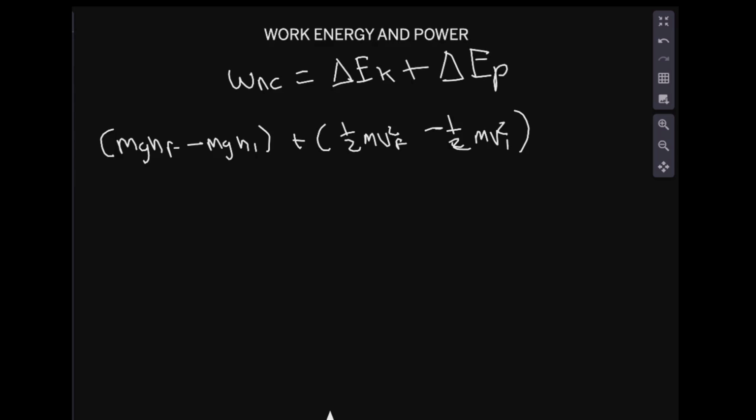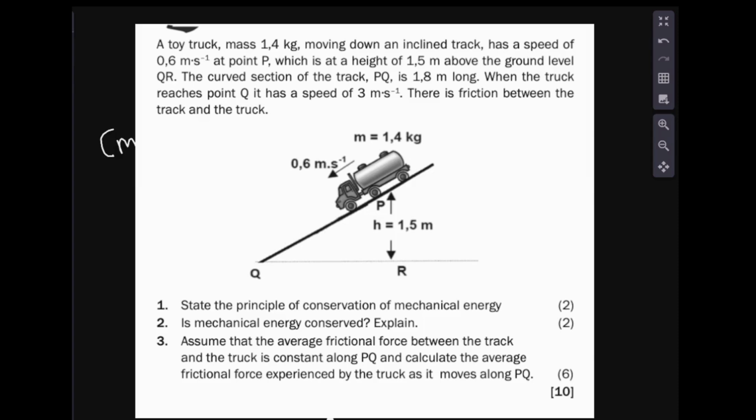Okay, then now I go and fetch my information. What do we have? We have 1.4 kgs, 1.4 kgs has a speed of 0.6. That's our initial speed, and it's going down.